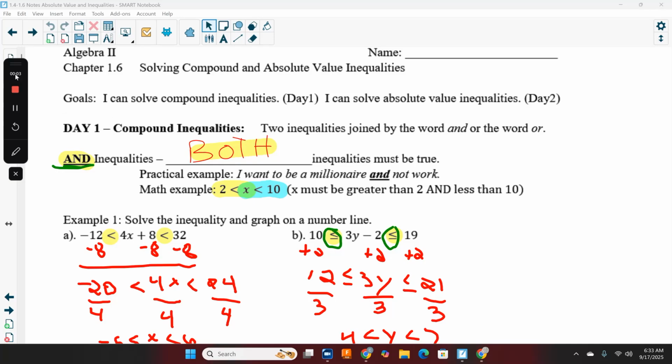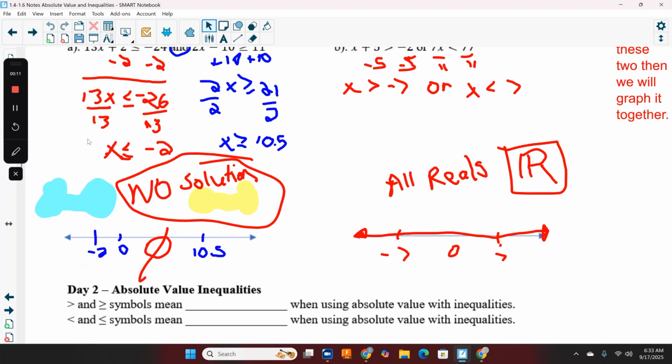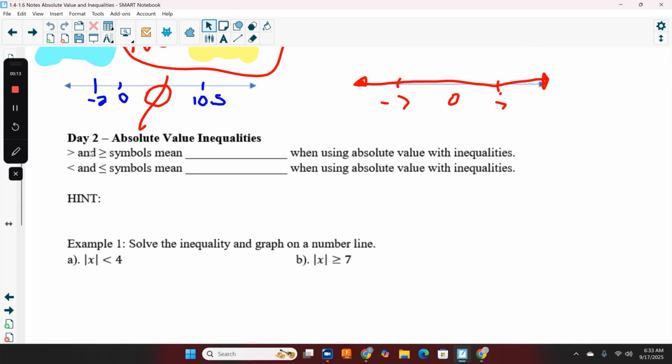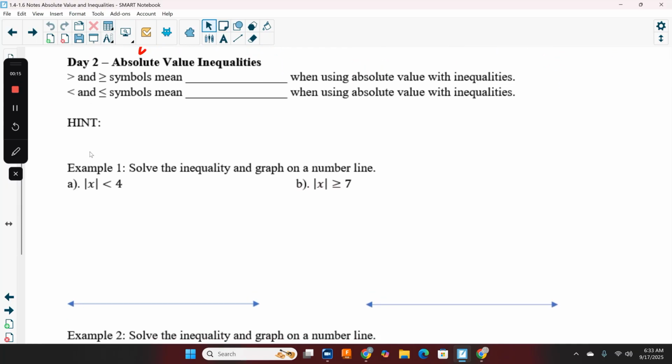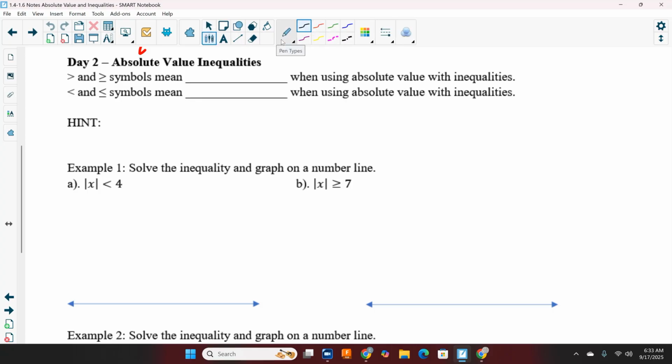Okay, we're going to go back to the 1.6 notes page, and we're going to finish up the notes. It's actually listed as day 2, but it's actually like day 3 or 4 with some of the other things we put in here and substituted in here. So here, we're going to be doing absolute value inequalities.